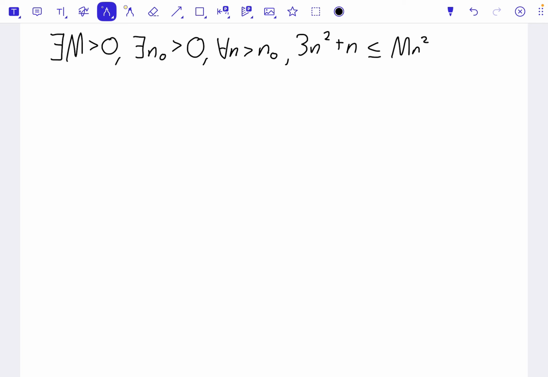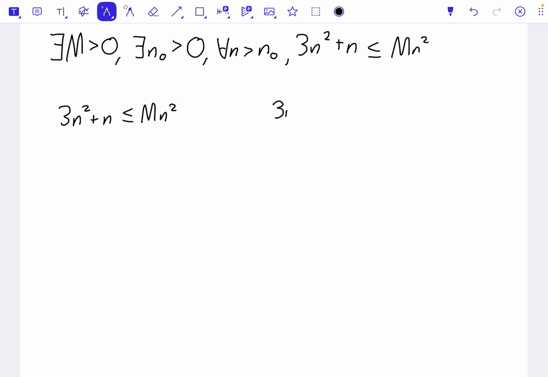After you've done that, rewrite just the inequality. And then solve for existentially quantified variables. In these big O proofs, you're always going to be solving for m while finding constraints on n.